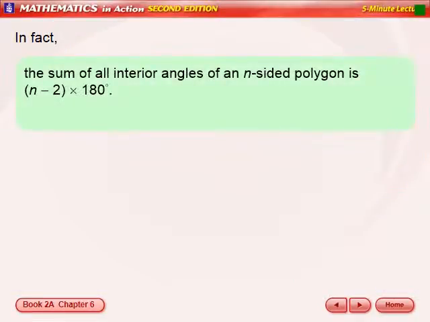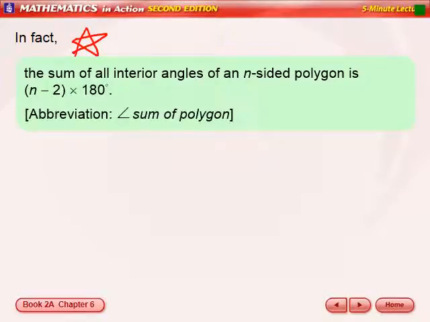So the sum of interior angles of an n-side polygon is equal to n minus 2 times 180 degrees, and this is important in this session. Our abbreviation is angle sum of polygon, and this is our formula in this chapter.